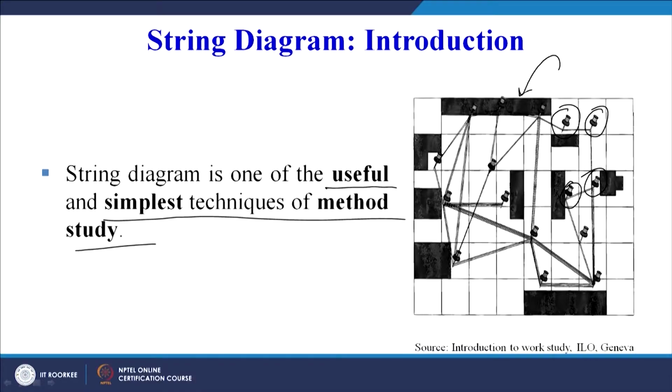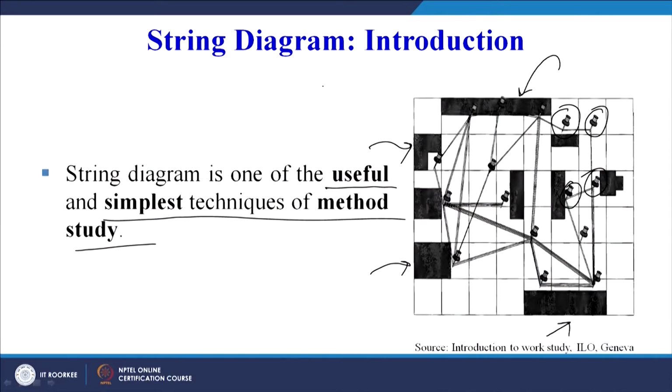So these can be the various shops, the dark portions, and with the help of a string we try to mark or identify the movements of the men and material. This is just an introductory diagram of how a string diagram would look like.